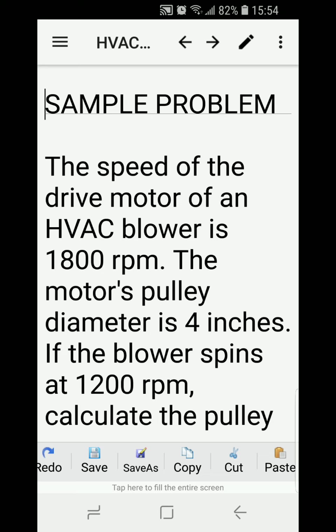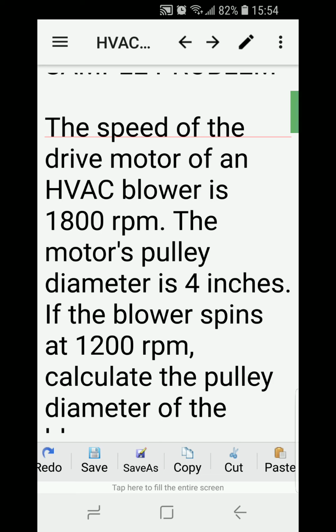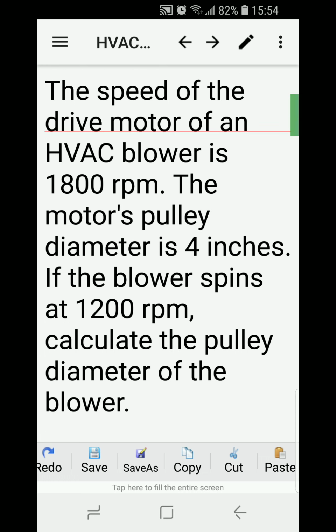The speed of the drive motor of an HVAC blower is 1800 RPM. The motor's pulley diameter is 4 inches. If the blower spins at 1200 RPM, calculate the pulley diameter of the blower.